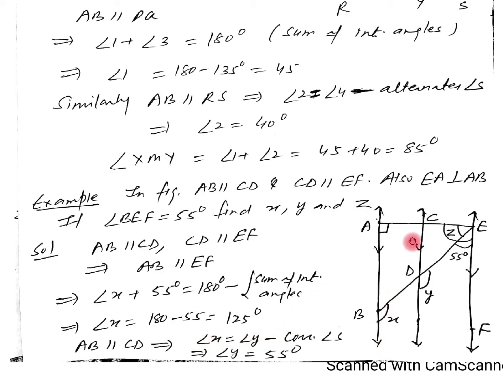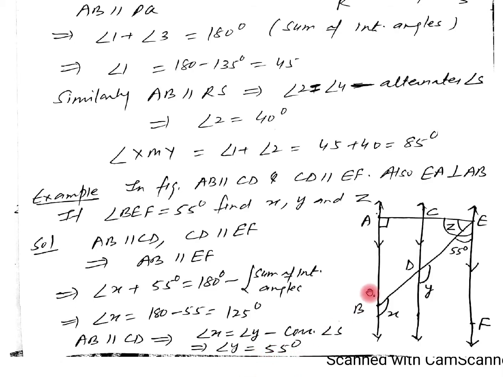Now again AB is parallel to CD, and these two are corresponding angles. If this angle is 125 degrees, this angle must be equal to 125 degrees. Then we have to find the value of Z. EA is perpendicular to AB, therefore this angle must be 90 degrees.